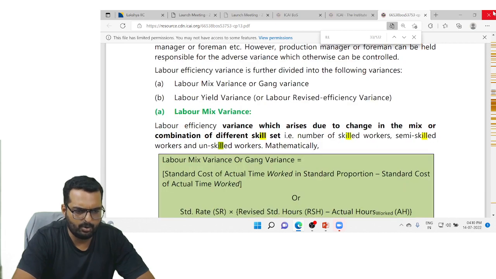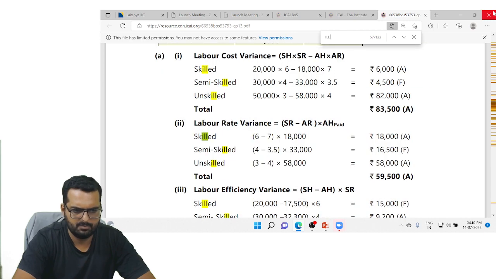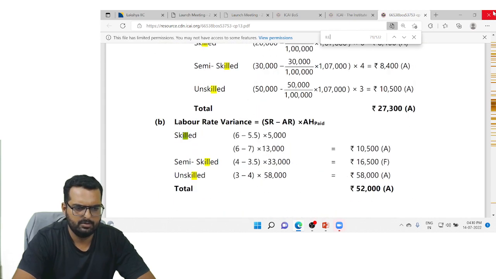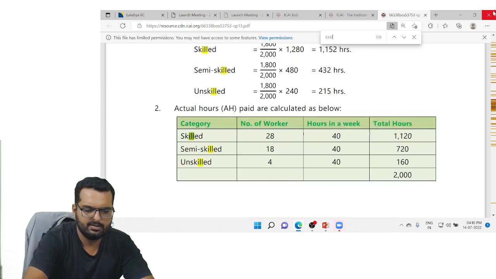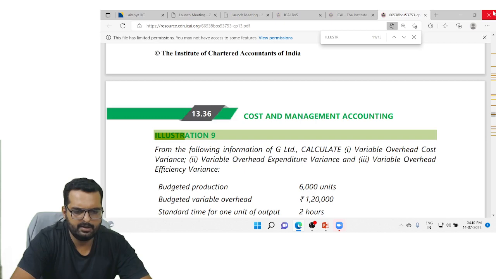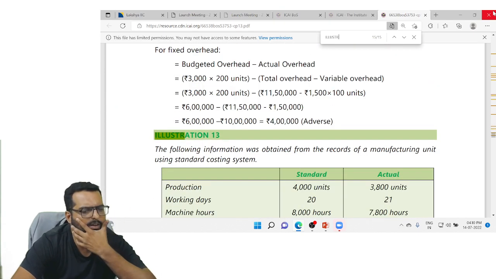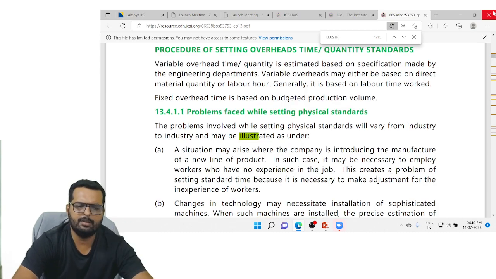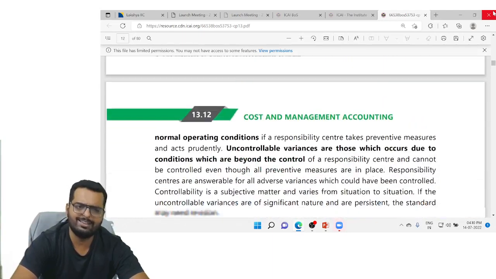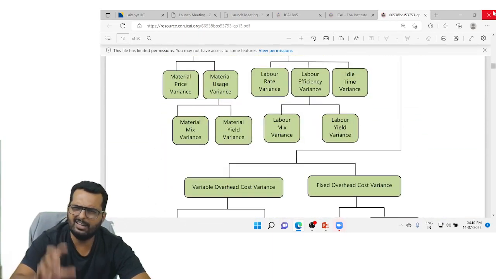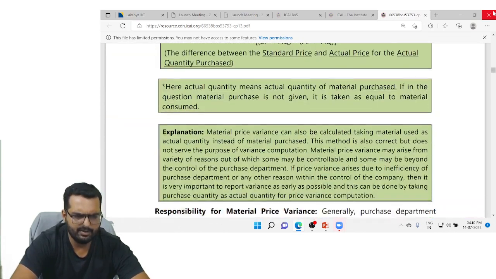Let's just check which are the problems left to be done. 7 is done, 8 is done, illustration 9 is also done. 10 is pending. 10, 11, 12, 13. 4 illustrations are pending to be done, friends. We will do that later. That's fixed overhead. We'll do that next class. Just study and come. That's a little difficult. Even if you study, you might not fully understand. We will discuss and do it.